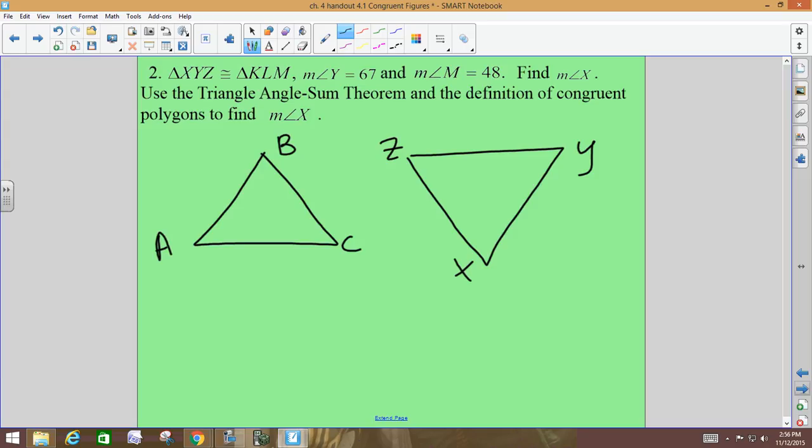And then just put your ABC and XYZs around there. And they tell me, oh, I didn't even need ABC. Geez, Carol. Sorry. KLM. Apparently I thought we needed to use other parts of the alphabet. Y is 67. M is 48. And we're trying to find the measure of angle X. So put a little angle X there.